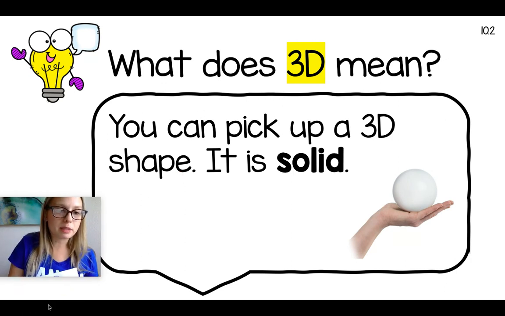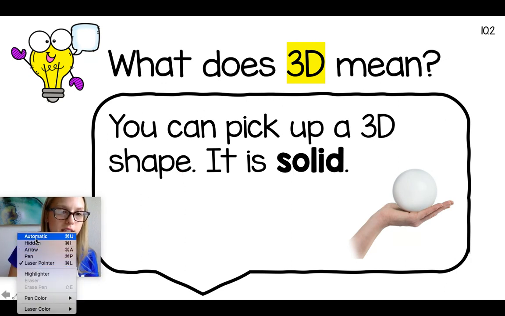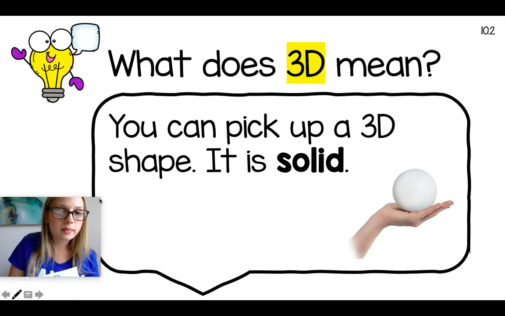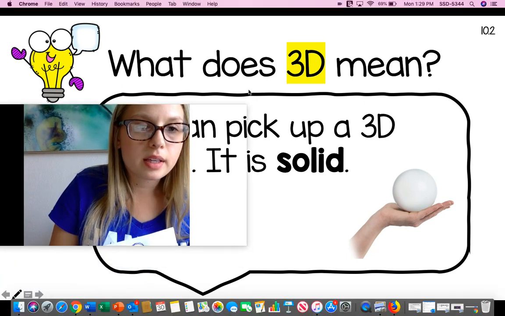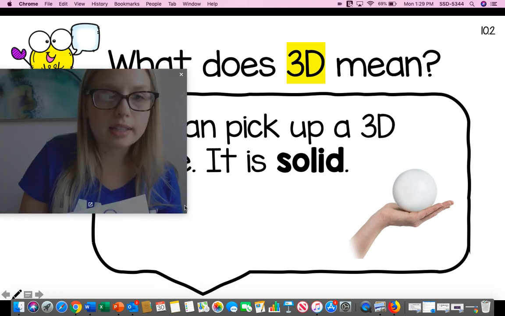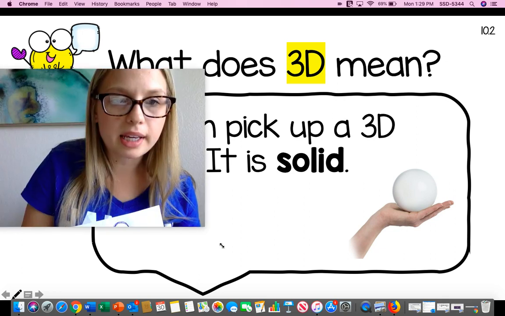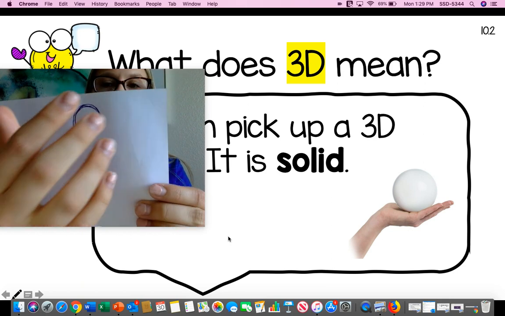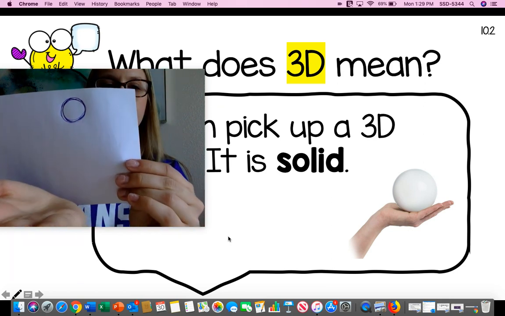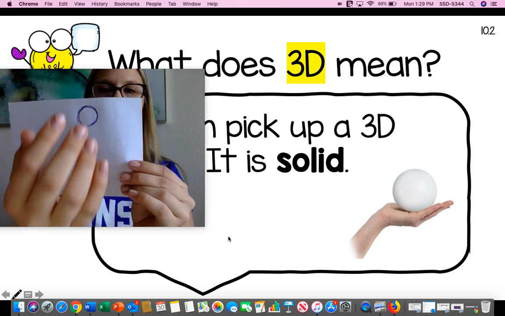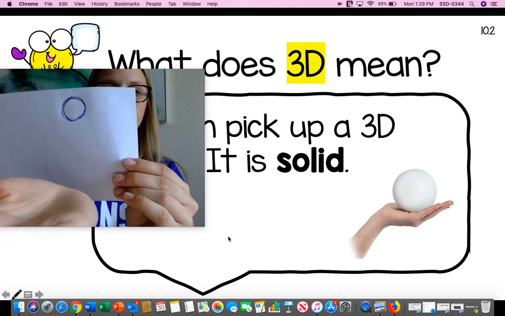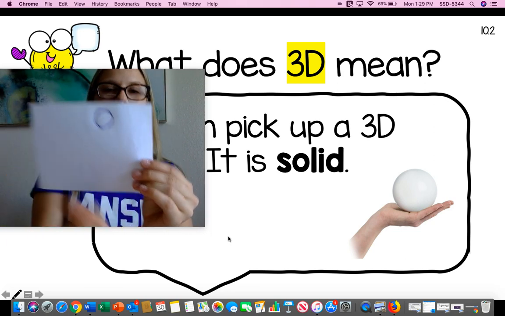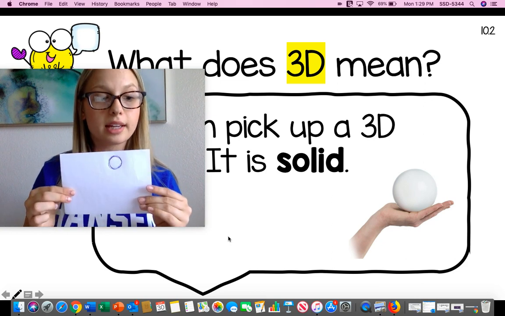I'm going to make Miss Paulina a little bit bigger so you can see easier. Okay. Hopefully it's a little bit bigger. Let me see if I can make it even bigger. Okay. Here I am. Let's see if I can pick it up. Did I get it? Well, let me try again. Did I get it? No, because it's 2D. It's not real life.